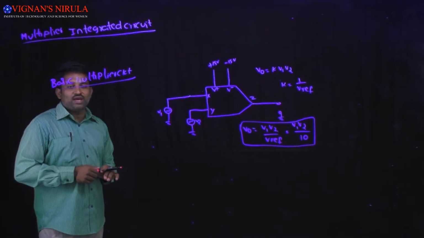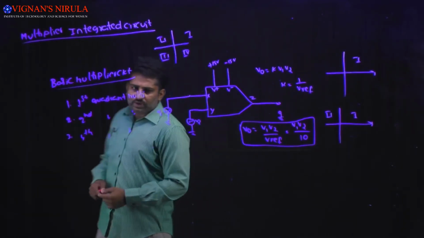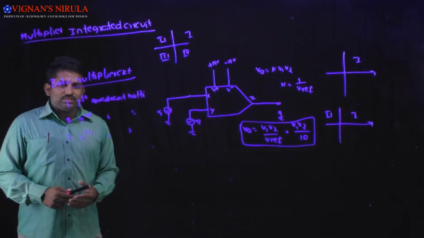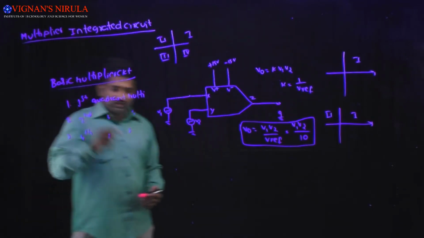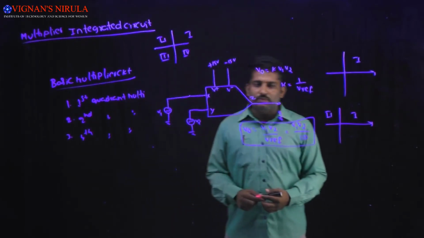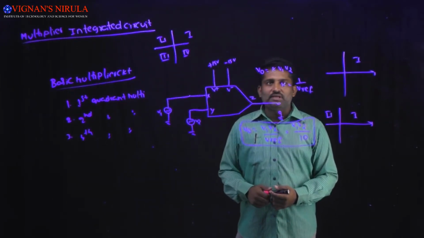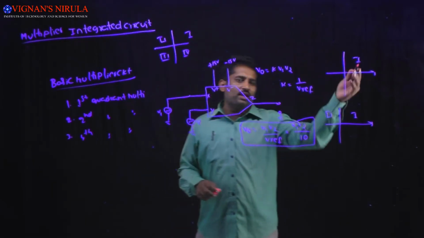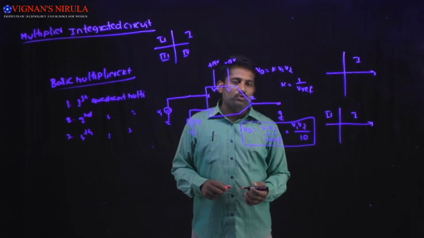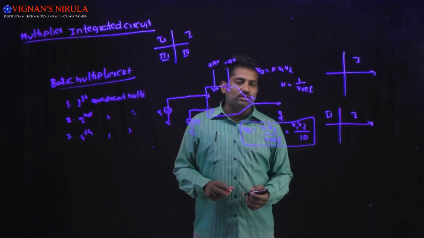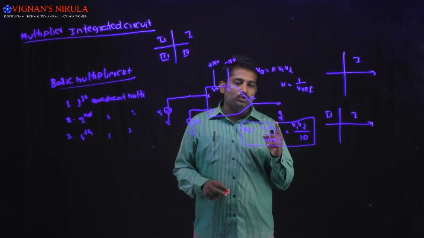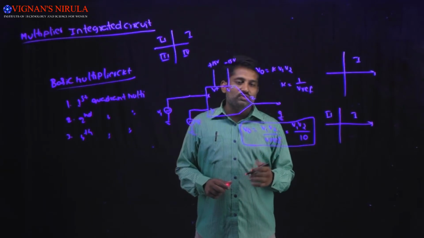Whenever the polarities are restricted, depending upon the input polarity restrictions, the multiplier ICs are divided into first quadrant multiplier, second quadrant multiplier, and fourth quadrant multiplier. In the first quadrant multiplier, both input polarities are positive, whereas in the second quadrant multiplier, one input polarity should be positive and the other may swing between positive and negative.